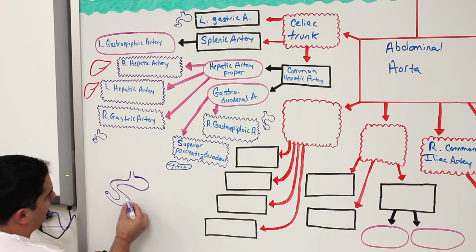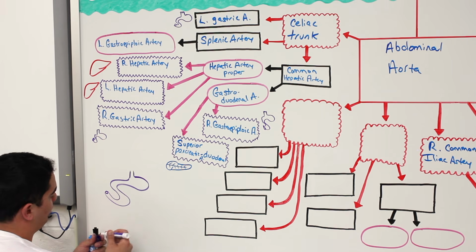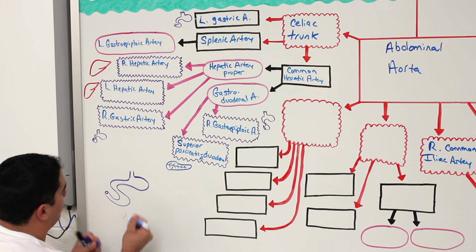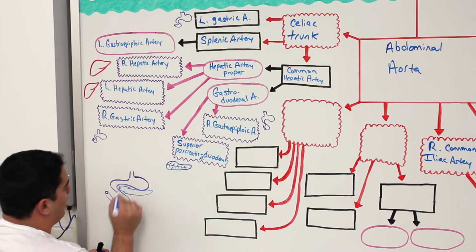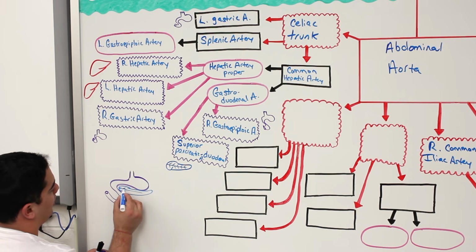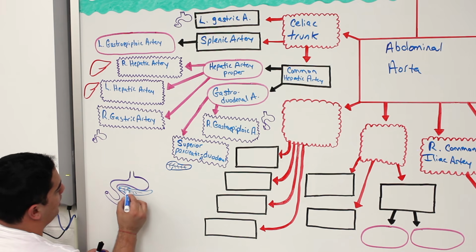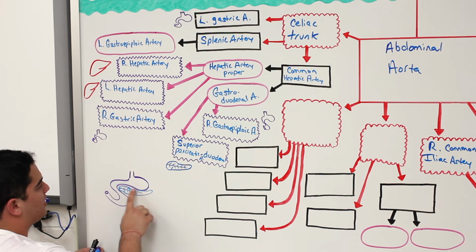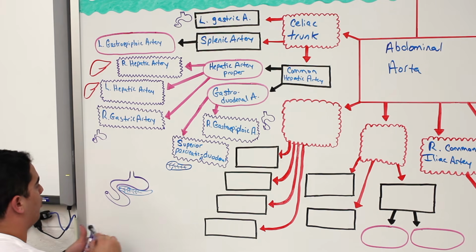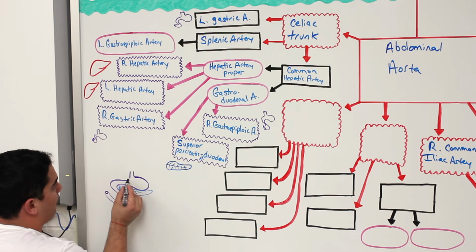And then you're going to have, again, that first foot of the small intestine, which is your duodenum. Right around that area, you're going to have the pancreas. Okay. You probably saw this in the model that we had, right? So here's the pancreas. This is obviously a quick, crude diagram, but what happens is, coming off the gastroduodenal artery, it is going to give out this branch right here.